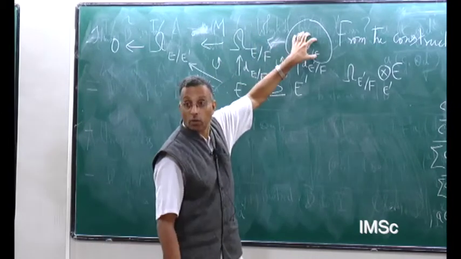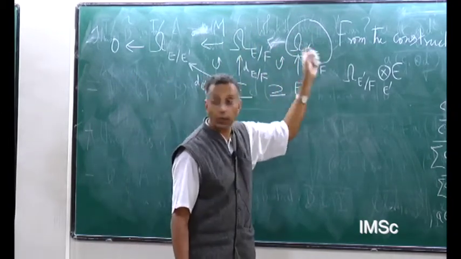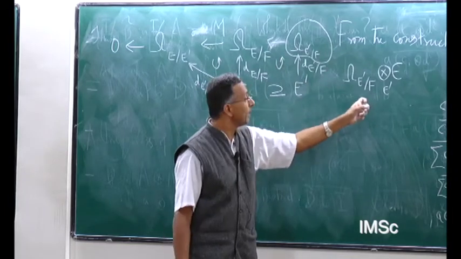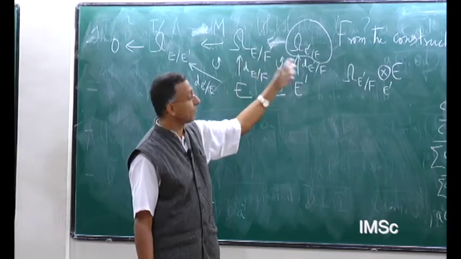This is an E prime module, and I have an E prime linear map. Therefore, there is naturally an E linear map from this to this.